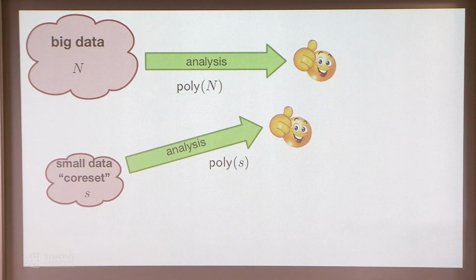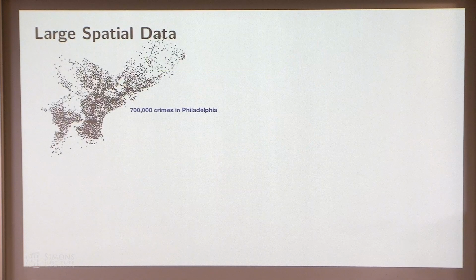In particular, we're going to be talking about large spatial data. A lot of the data we've seen in this workshop is from the internet or machine learning, and you often represent these as high dimensional features. We've also gotten a lot of big spatial data, often in 2 dimensions or some low dimensional space. These are 70,000 crimes from Philadelphia.